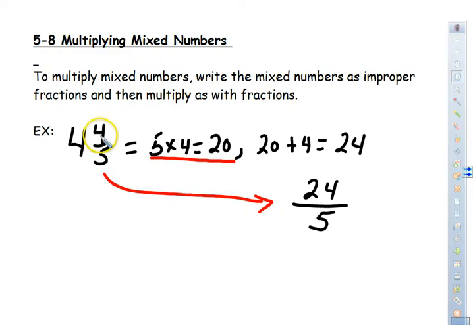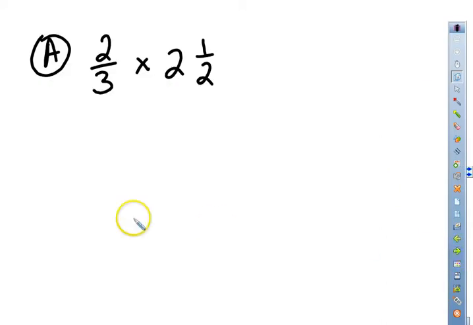And then take that answer, which is 20, plus the numerator, and you get 24. That's going to give you your new numerator, and again, remember the 5, the denominator, always stays the same. Okay? So, again, that's just a quick reminder of what we need to make certain we are doing when we multiply these.